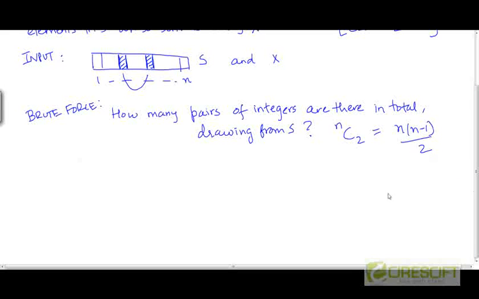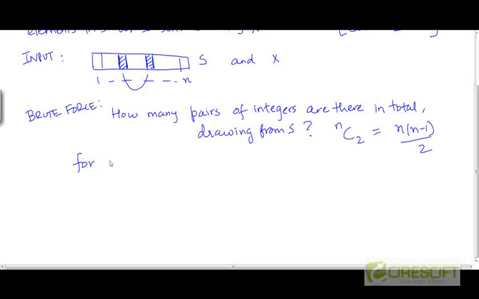And if not, you just iterate over all possible pairs of integers. And at the end, if you don't find even a single pair that adds up to x, you can declare that there does not exist such a pair which adds up to x.